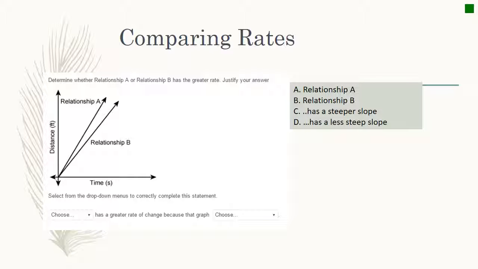You may see a problem like this. We went over this on Tuesday. Determine whether relationship A or relationship B has the greater rate. Well, which one is increasing at a faster rate? Which one has a slope that is steeper? Okay, we can see that both of these, as we move along our x value, are increasing. Both of them are going up.